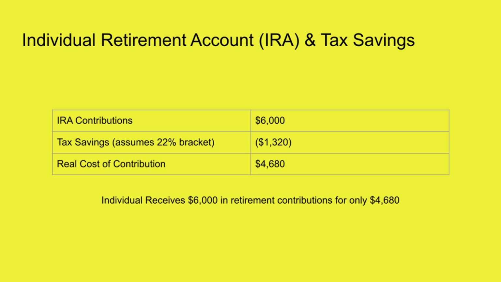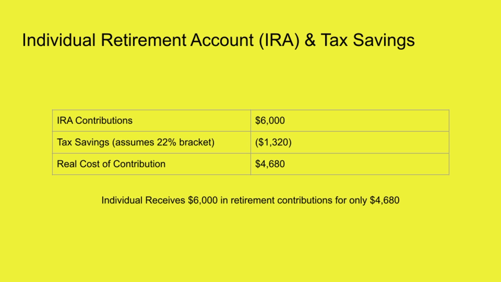That $6,000 is tax deductible, meaning if you made $100,000 during the year and then made $6,000 worth of retirement contributions, you would only pay taxes on $94,000. Since your taxable income goes down, the amount in taxes you pay goes down.